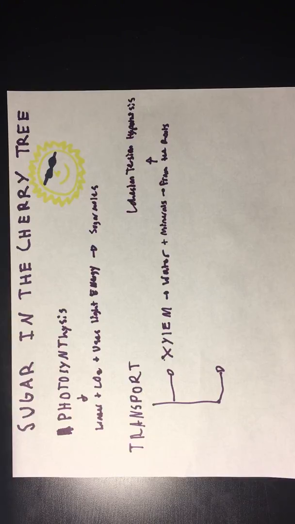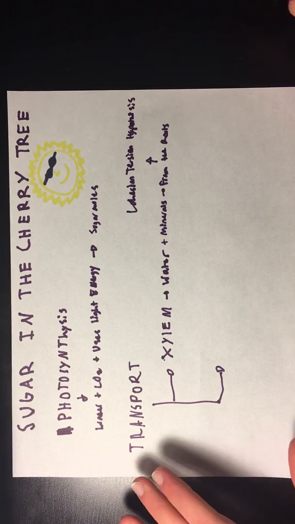And the imbalance of water in the tree as it's evaporated kind of pulls water up from the roots. And this is also supported by the cohesion of H2O molecules, or hydrogen bonds, which I'm sure we all remember from chemistry. And that's how water and minerals are transported up against gravity through the tree.